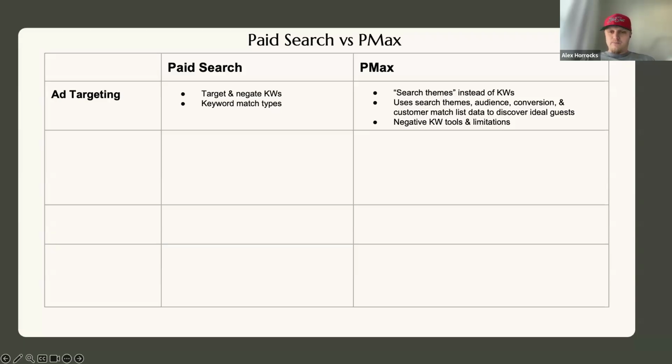With PMax, you give Google a set of search themes instead of keywords. This is similar to keywords, but it's not to be confused with keyword targeting. When you provide Google your ideal hotel non-branded or branded terms as search themes, Google uses that data to discover customers who are more likely to convert based on those specific search themes.